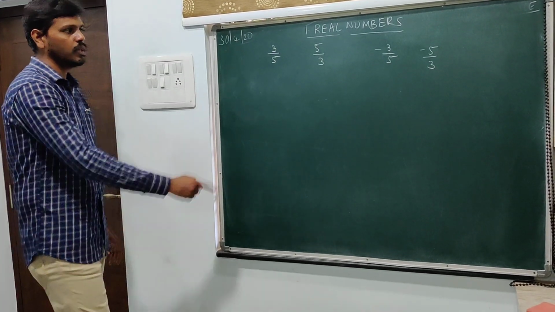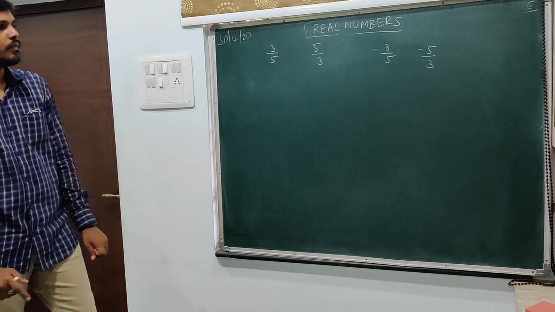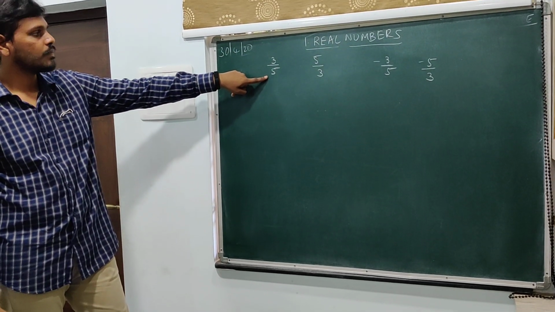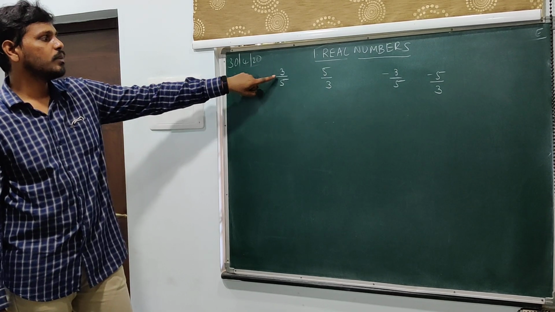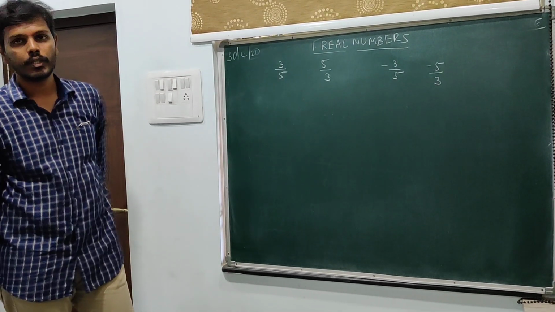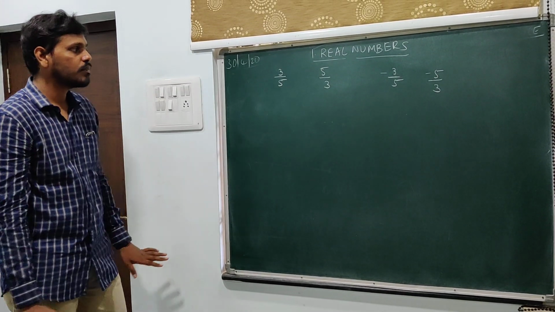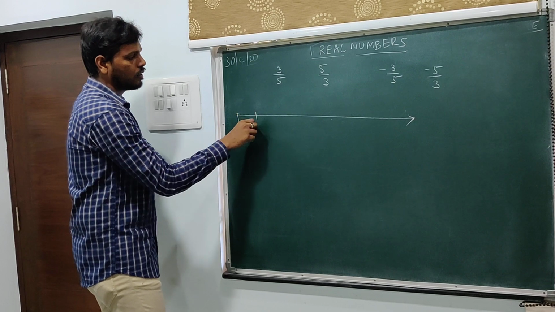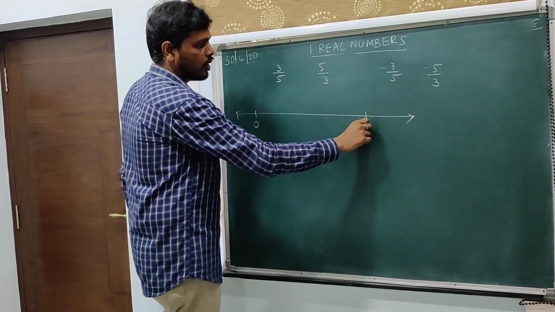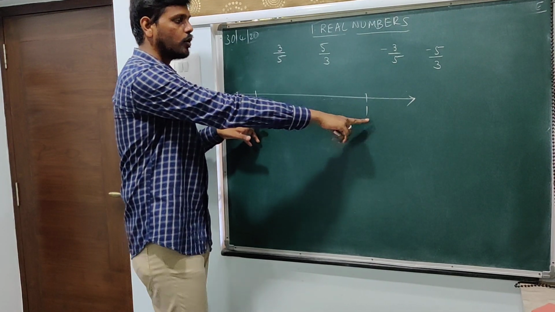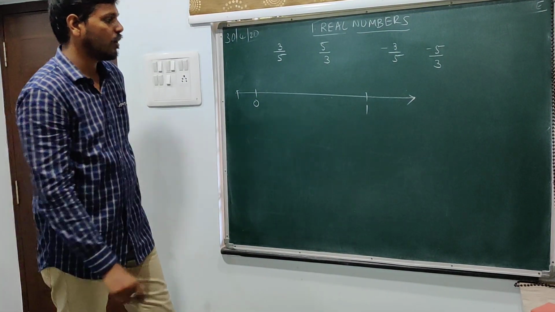Now going with 3 by 5. Now we see the literal meaning of 3 by 5. Now 3 by 5 is 3 parts out of 5 parts, and 3 by 5 always lies between 0 and 1. Now that is what you need to know. So what you do is, you mark 0 and you mark 1 and divide the space between 0 and 1 into 5 equal parts.